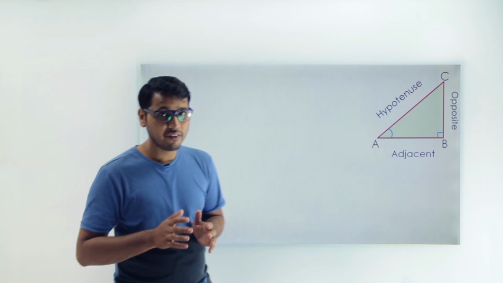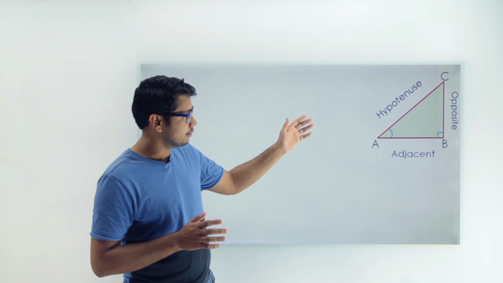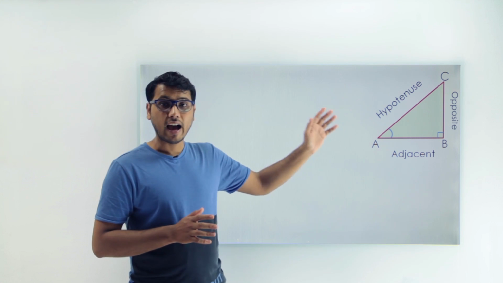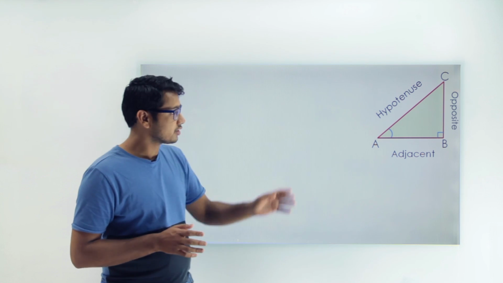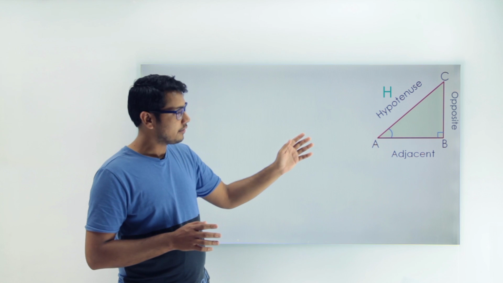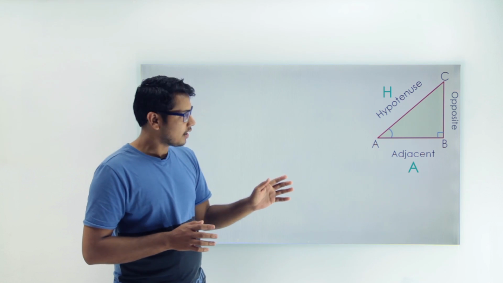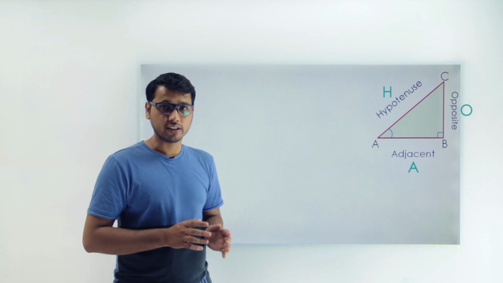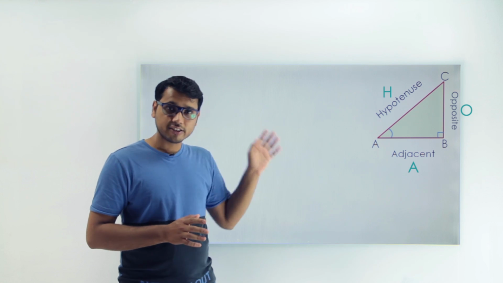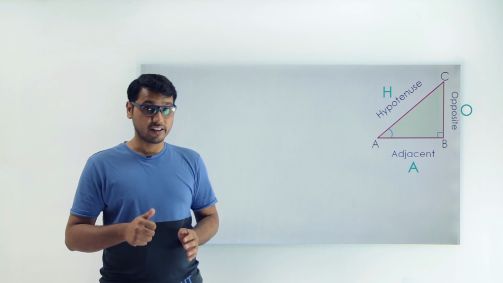Now to simplify these terms, hypotenuse, adjacent and opposite, we use H for hypotenuse, A for adjacent, and O for opposite. And to learn all the trigonometric ratios, there is a short trick.